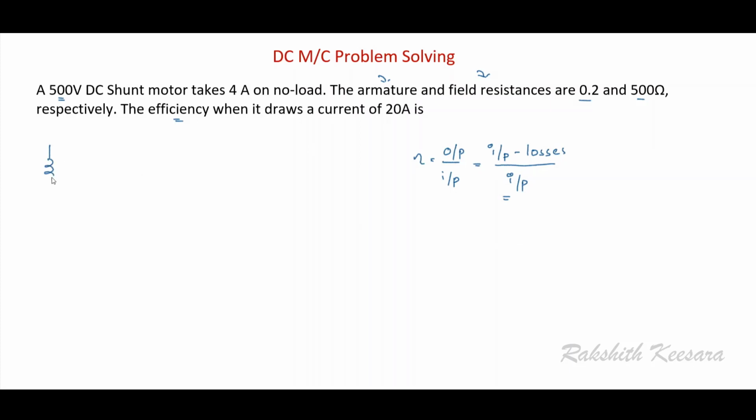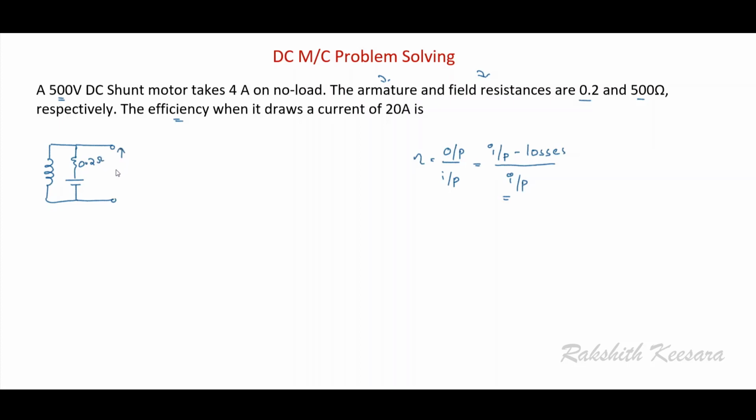Let me draw the equivalent circuit. This is the field winding. And there is armature resistance, right? And this is our back EMF. These are the terminals. So armature resistance is 0.2 ohm.